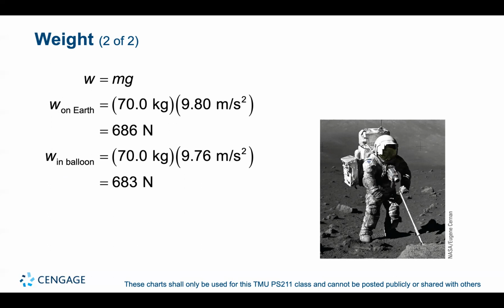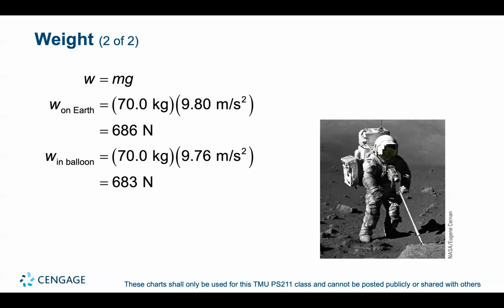Unlike mass, weight is not an inherent property of an object because it can take different values depending on the value of g in a given location. If an object has a mass of 70 kilograms, for example, then its weight at a location where g is 9.8 meters per second squared, m times g, is 686 newtons.